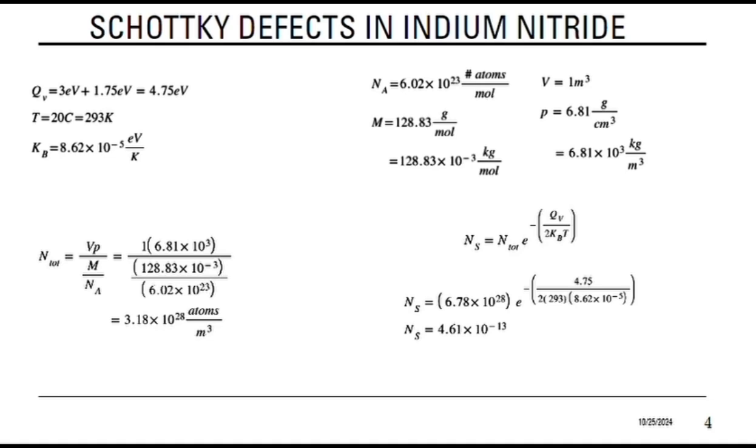This is the formula for that here, which if we do for indium nitride, will come out to 4.75 eV. Of course, T is temperature, and our Boltzmann constant is now 8.62 times 10 to the negative fifth eV per K.